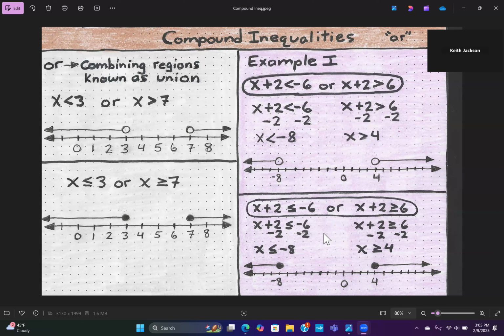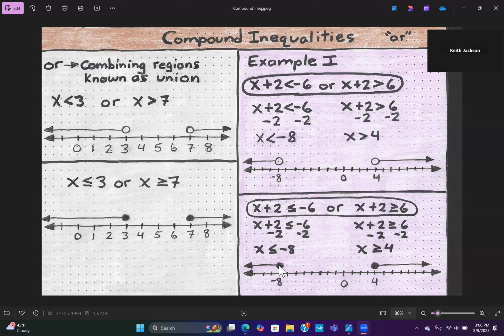We could pretty much perform the same operation in which we have x plus 2 is less than or equal to negative 6, subtracting 2 from both sides to isolate the variable x. When we do that, we have x is less than or equal to negative 8, putting the shaded circle above the negative 8, drawing the arrow going in the direction to the left of negative 8.